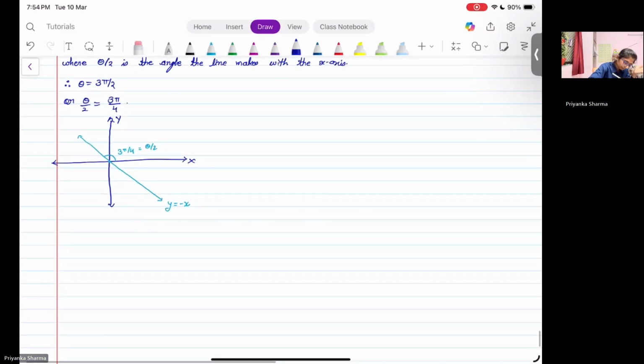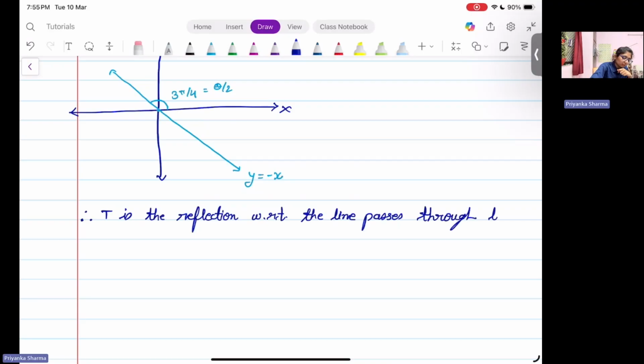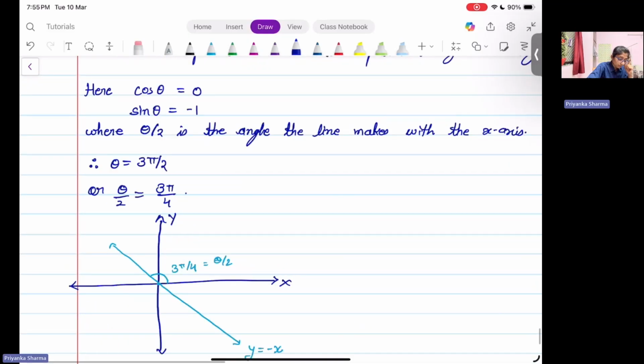So what is the answer? T is the reflection with respect to the line passing through the origin making theta by 2, meaning 3 pi by 4 angle.